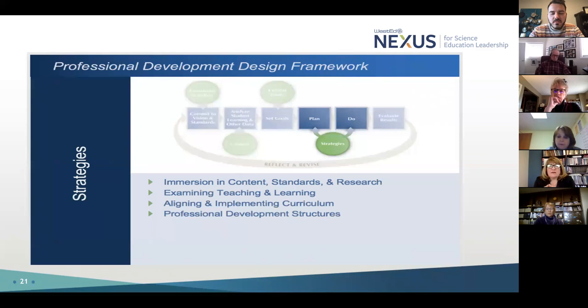They say we have to organize some professional learning, so what are we going to do? Okay, let's do it. Let's put together a packet for the professional learning community. Let's think about doing a content immersion for our physical science teachers. But they don't really think about some of those earlier inputs that are critical to informing the plan and which strategies are most important.